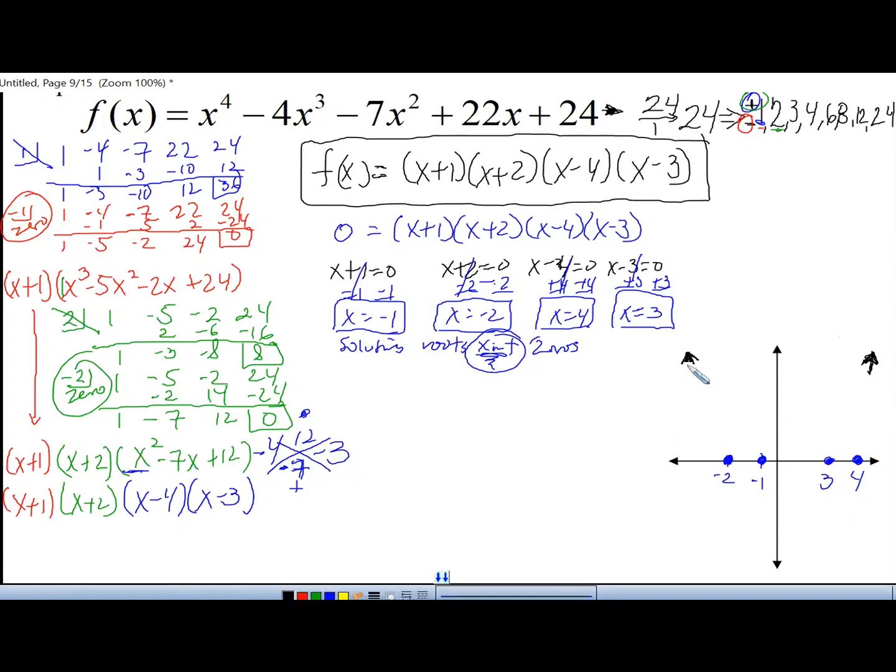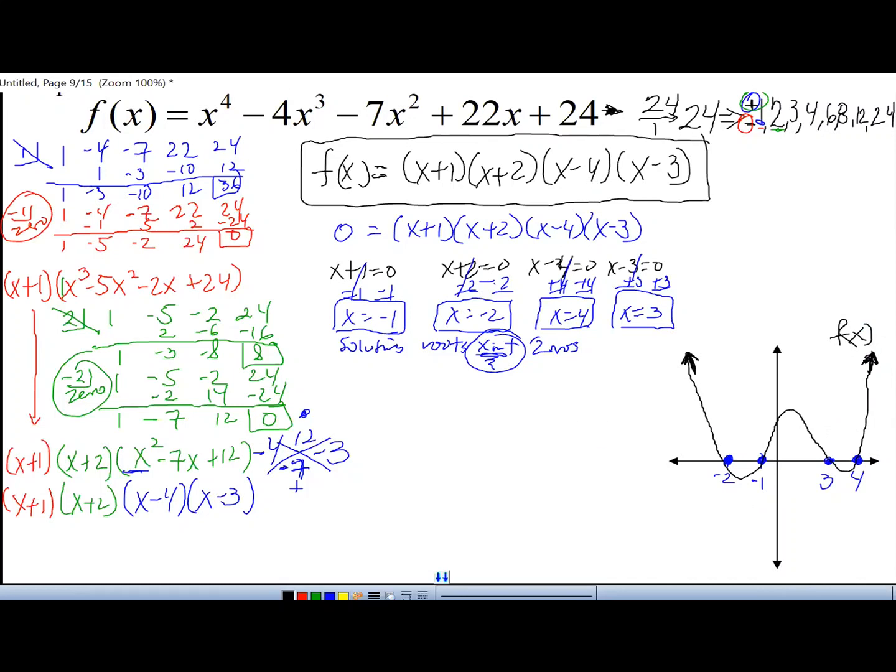So I'm going to go straight down through -2, then come back up through -1, come down to +3, then through 4, and then we end up on that last arrow that we did. There it is. Let's go. This is our f of x. I'm not going to write the entire polynomial, but that's our f of x graphed.